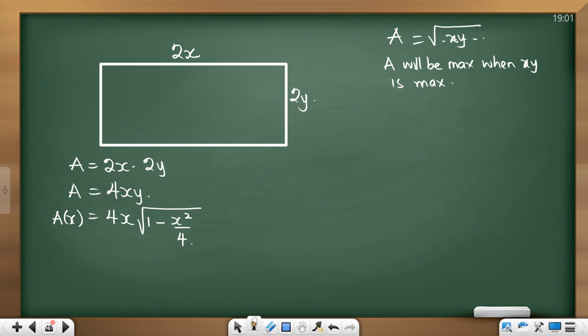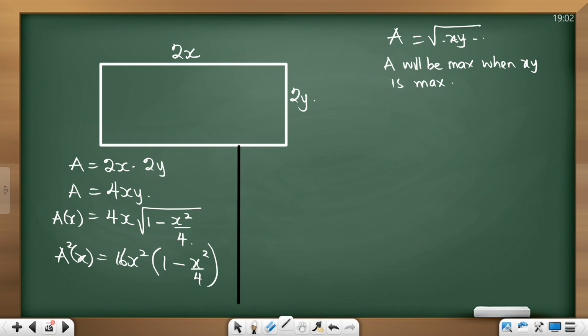A would be maximum when the expression underneath is also maximum. Can we square both sides here? What are we going to have? A squared equals 16x squared, since 4x times 4x is 16x squared, times 1 minus x squared over 4. Do you know why I'm squaring? To get rid of that square root. Everybody okay?